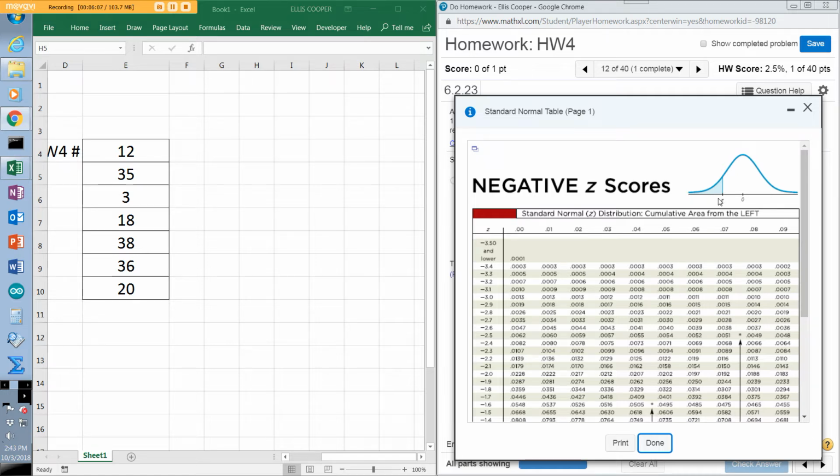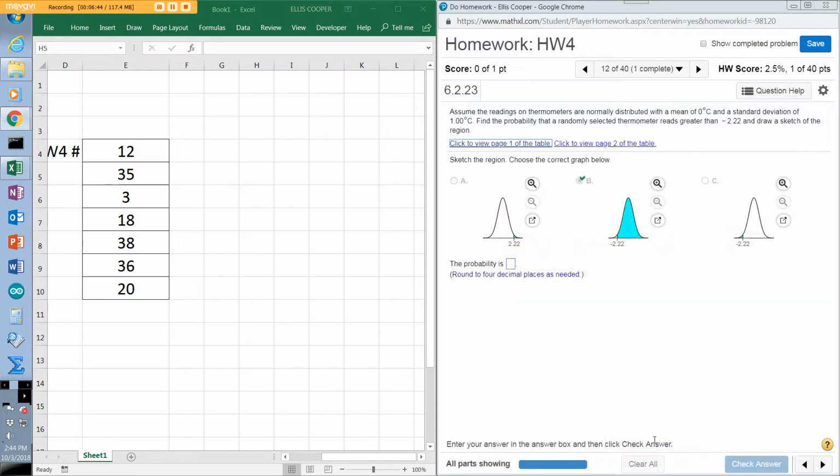Notice that they're showing a green area, a left-tail cumulative probability distribution, and it's a z-score because they always use z for the standard normal probability distribution. And the way it works, look, we want negative 2.22. In the leftmost column here, you go down to negative 2.2, and that gets you 1 decimal place. Then you go over to the column for 0.02. You see that, this column for 0.02, and you get 0.0132. That is the answer they want, and it is to 4 decimal places.